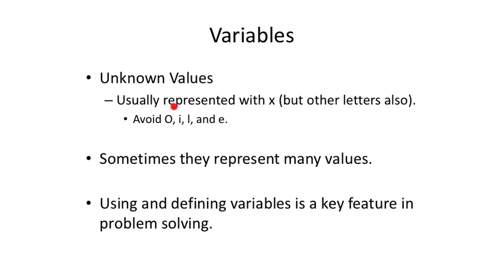Now, with variables, we usually use X. We're not using X so much today, but in writing with variables in math sentences, we generally avoid the letters O, I, L, lowercase, and then lowercase e as well. And there's reasons for that, but we'll save that for a different time. Yes, sometimes they represent many values, which is why they call them variables. So using and defining variables is a key feature in problem solving, which is what we're going to see with these formulas.